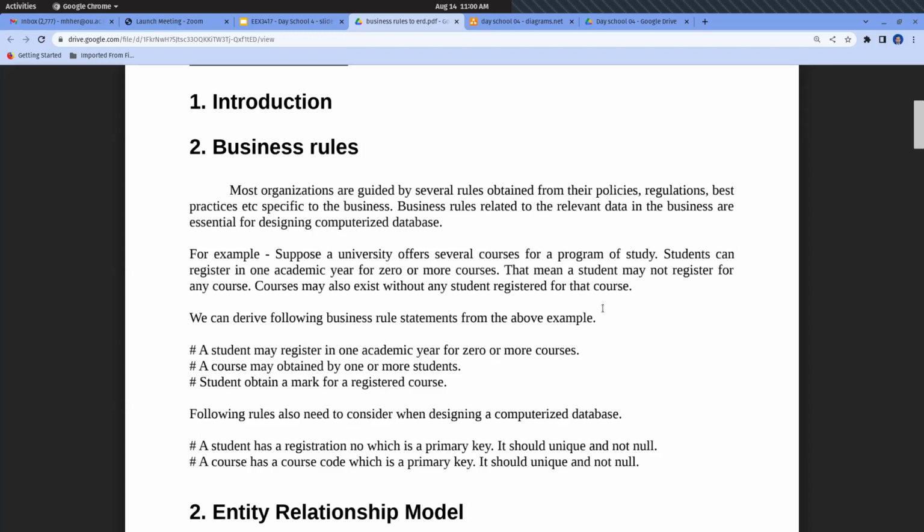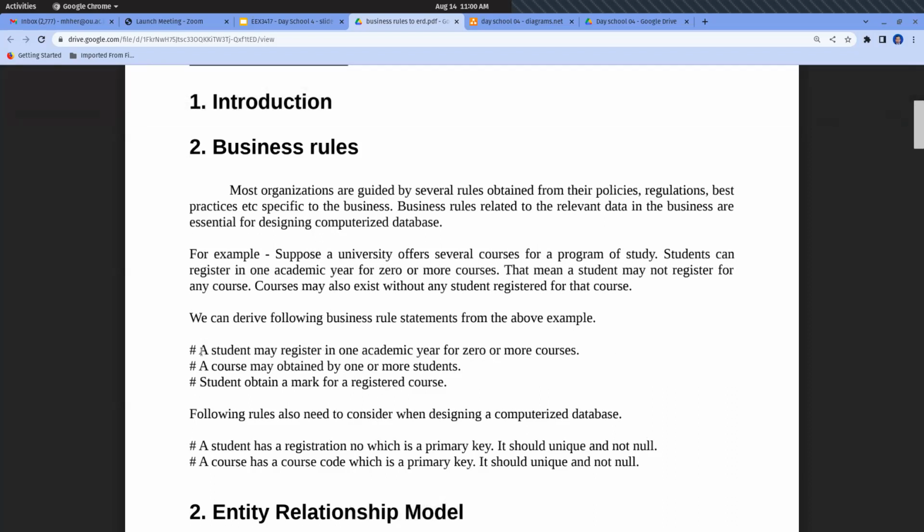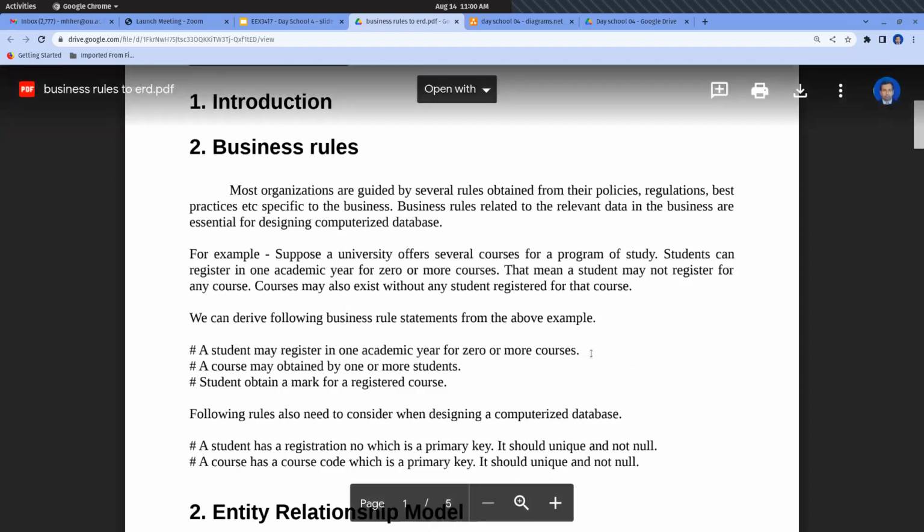Suppose in this example, it is a university registering for a course. They have some rules. According to this university, one rule is a student may register in one academic year for 0 or more courses.